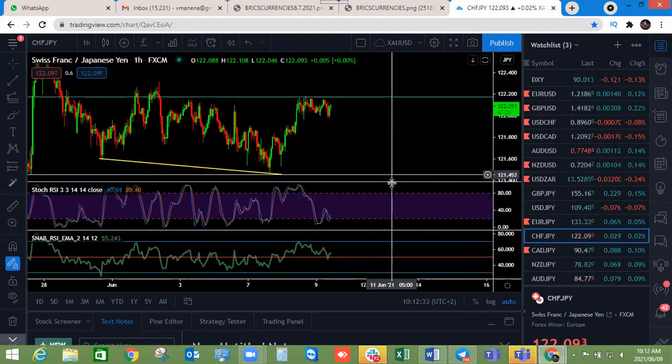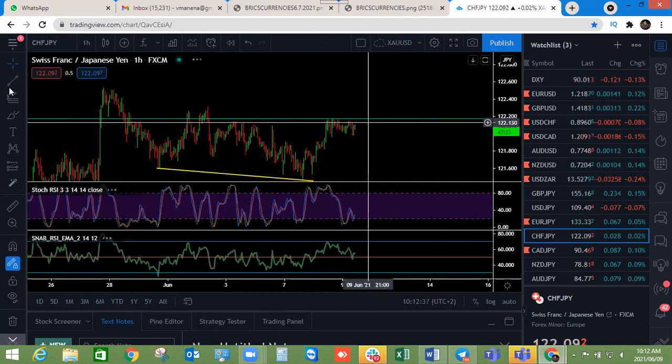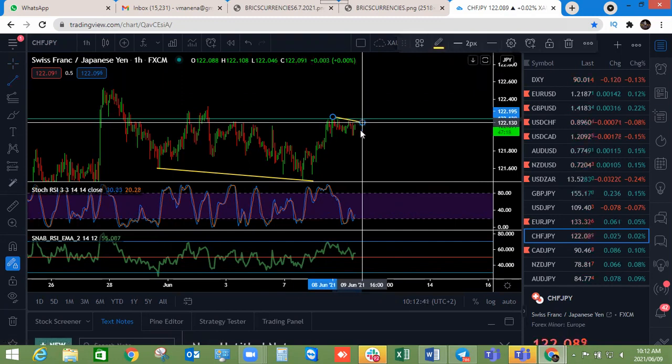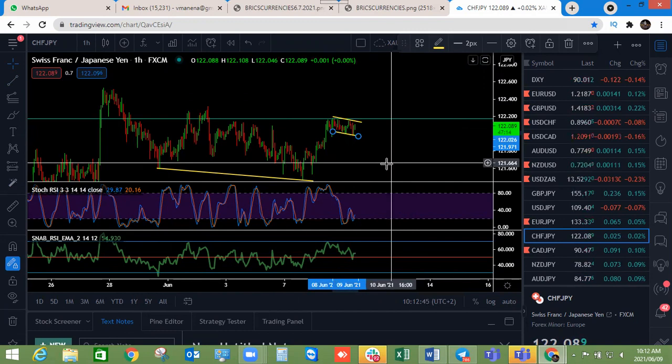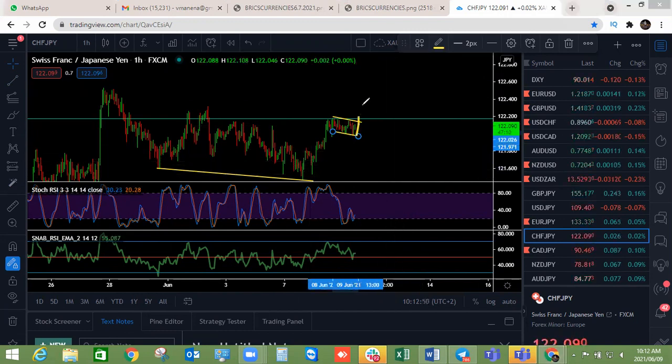But on the 1 hour, we are going to see continuation to the upside, and that is a nice trade to take actually on the chief. So watch chief yen for continuation to the upside. This is a nice trade setup. I think this is already uploaded under trade setups for more upside. Look out for chief yen for more upside. It's a very nice structure to look at.